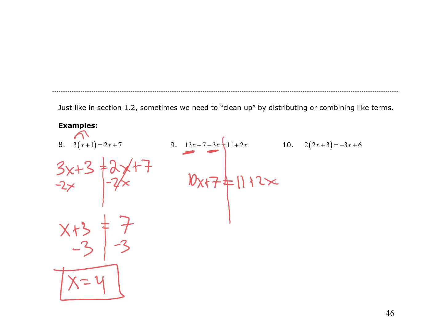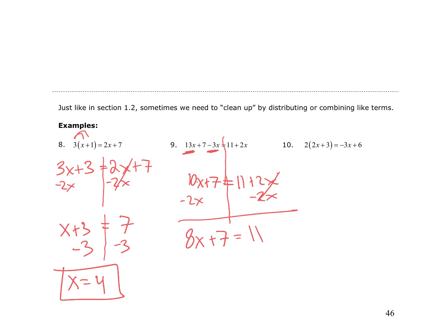I still have an x on both sides now. So I'm going to pick the smaller one and subtract 2x, minus 2x. Those will cancel, and I get 10x minus 2x is 8x plus 7 equals 11.